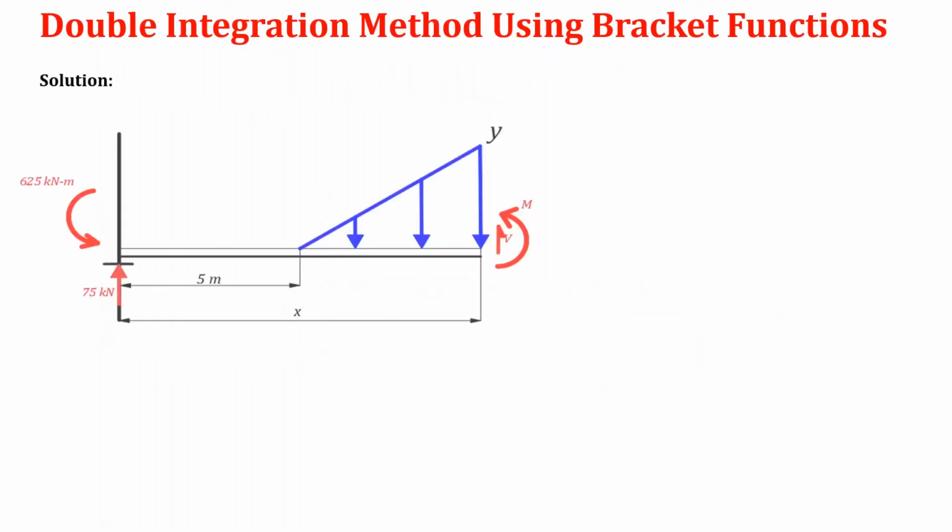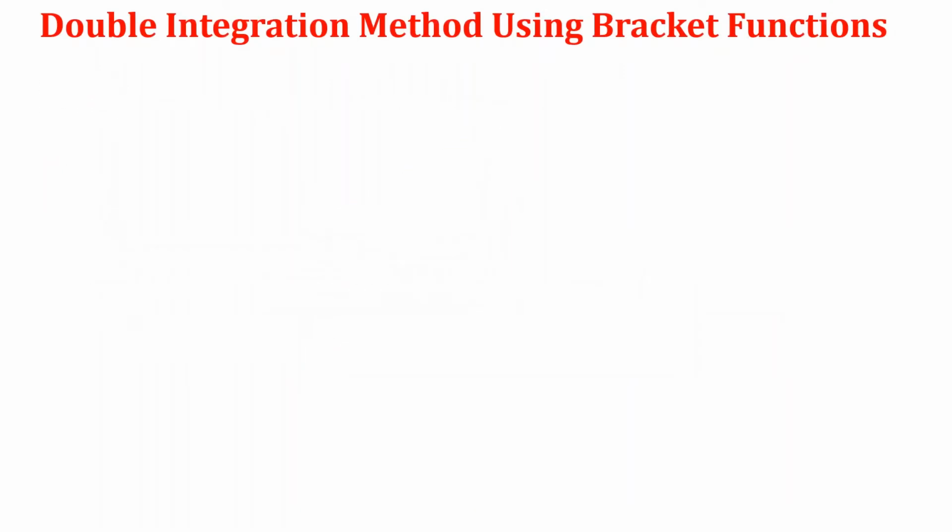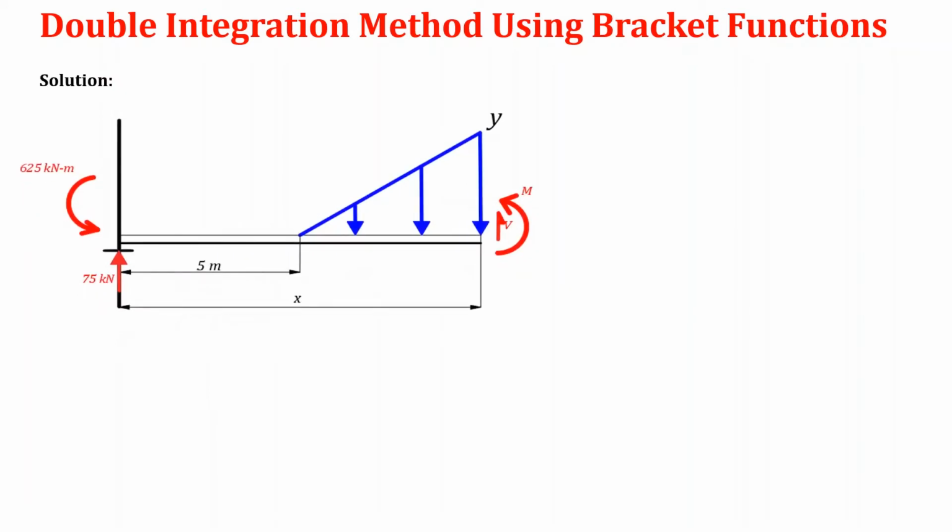First step, of course, we have to get the reactions. So, the reaction here is 75, and the couple is 625. Always get the reactions first. And the next step is to cut the free end or the far end.